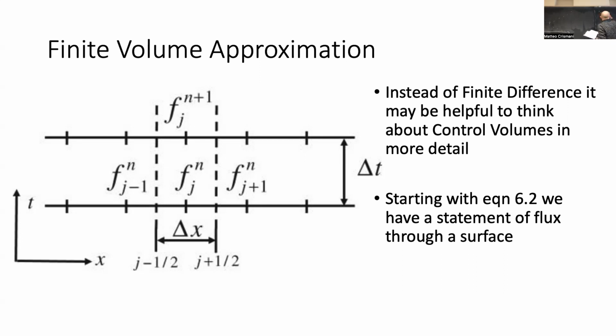Right there. j plus 1/2 equals u over 2 times f of j plus 1 plus f of j, minus d times f of j plus 1 minus f of j.